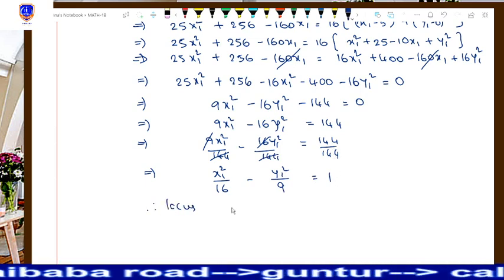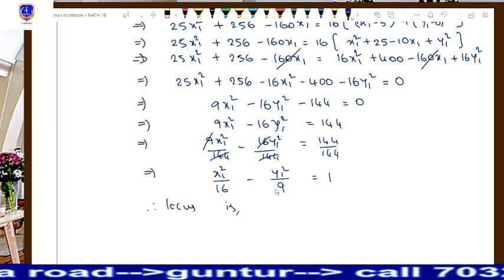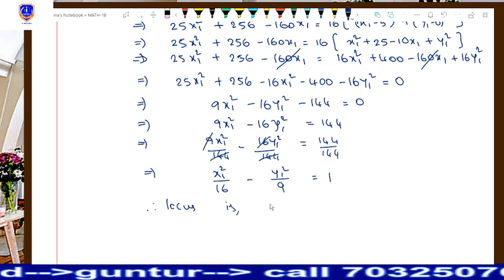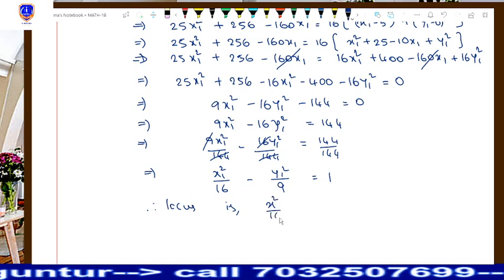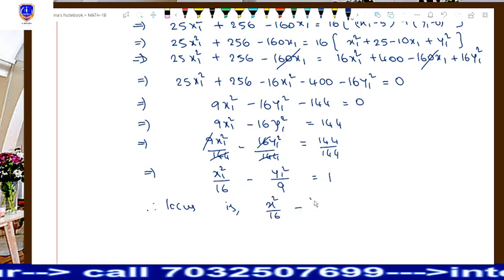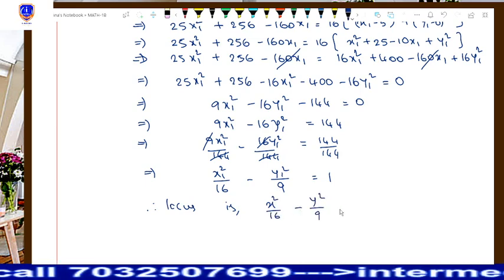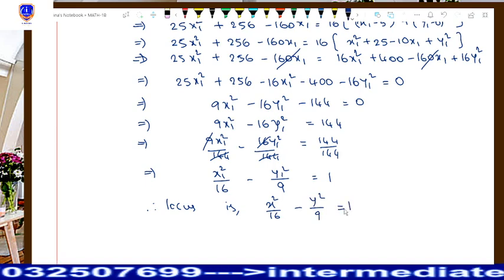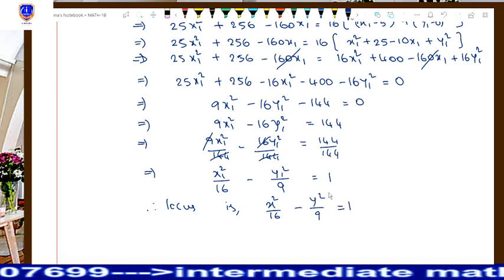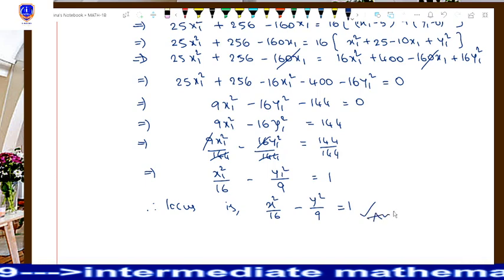Therefore, the locus is, replace x1 with x, y1 with y. We have the locus. This is the answer for this question.